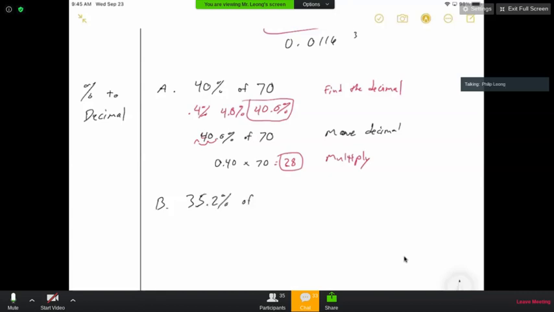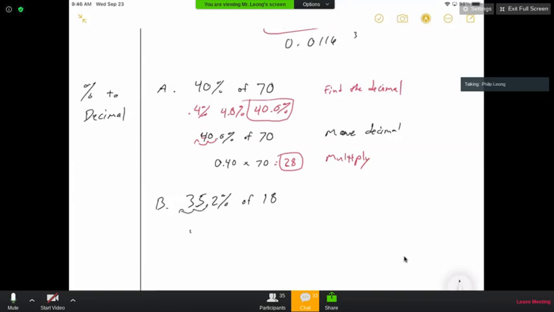What is 35.2% of 18? All right. So again, here we go. We're going to find the decimal right there. We're going to move it twice. 1, 2.